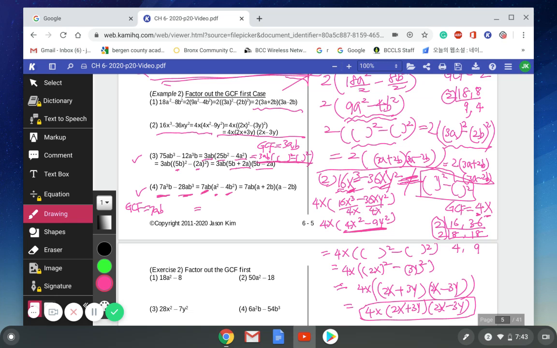Now, can you make this into something squared minus something squared? Yes, the first one becomes A and the second one becomes 2B. So now you write again 7AB with A plus 2B and A minus 2B. Okay, so these 4 questions are a more advanced format. Can you see that? Yeah.